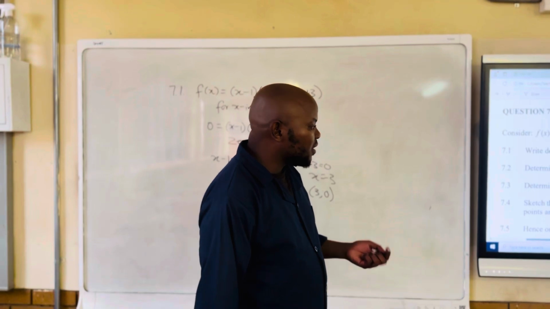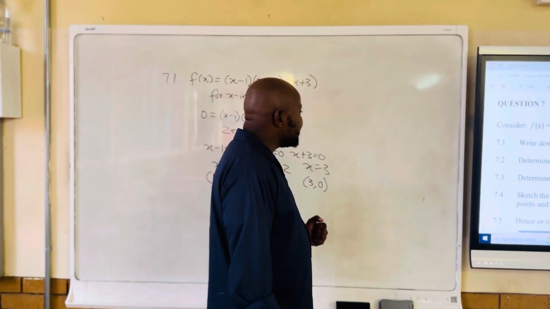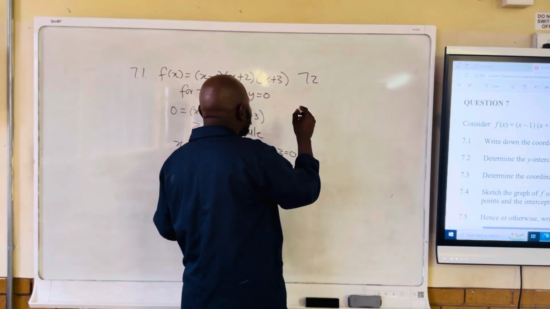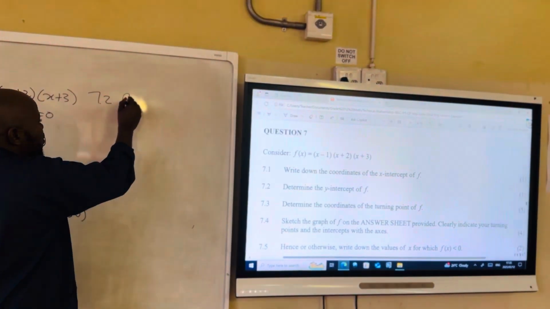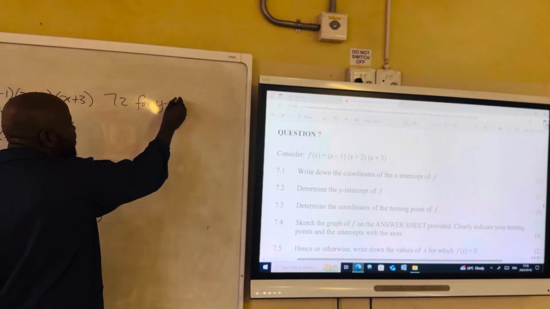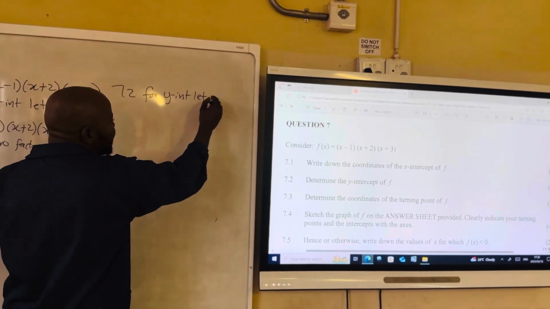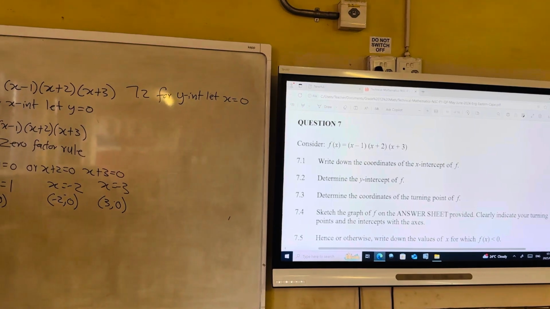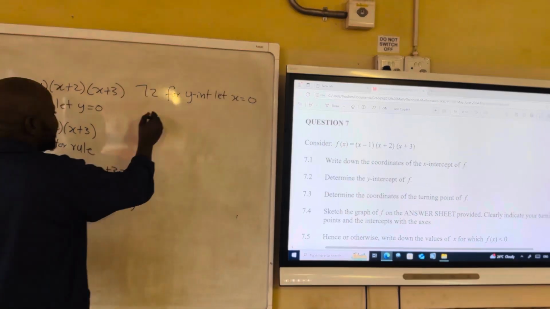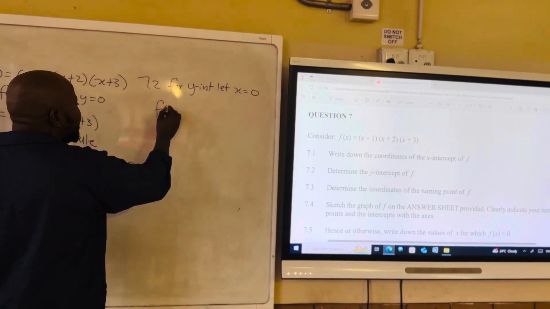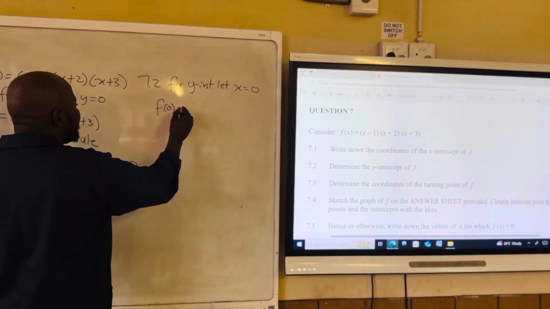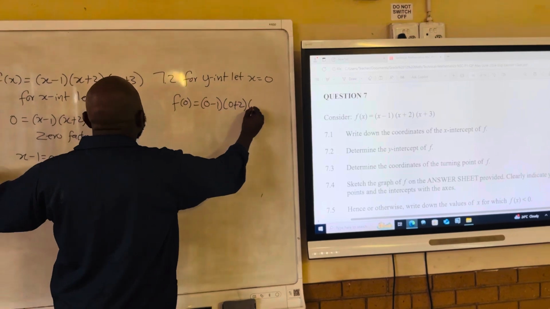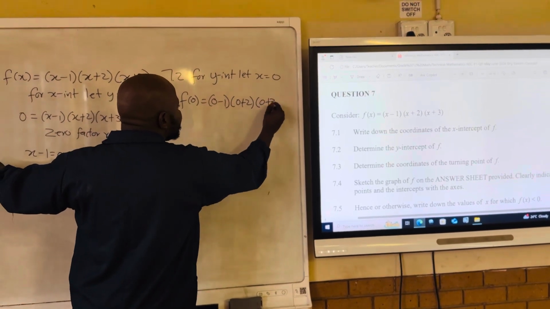7.2 says determine the y-intercept. For the y-intercept, let x be 0. You're going to take this f of x, so f of 0 will be equal to (0 minus 1)(0 plus 2)(0 plus 3).